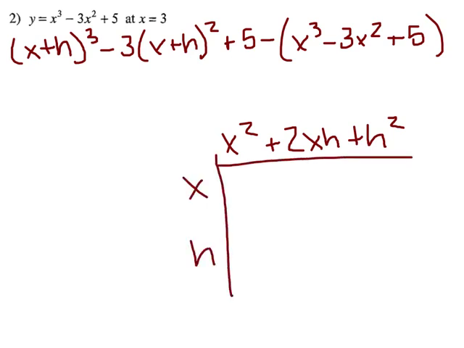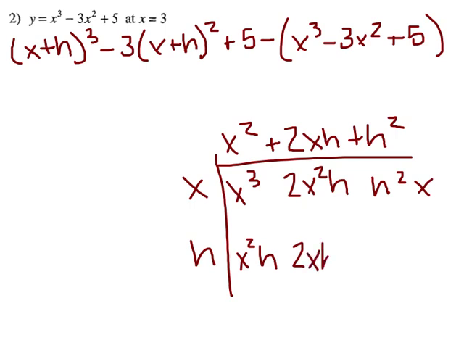Times x plus h. I still like using Punnett squares. If you guys don't, then you solve for cubes however you do that. So x cubed, then we have 2x squared h, then x squared h, then h squared x, then 2xh squared, and then we have h cubed.